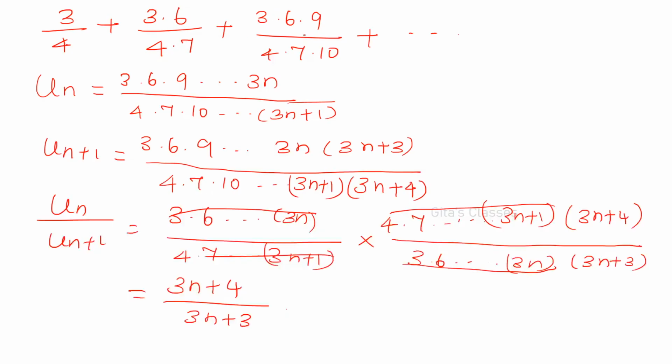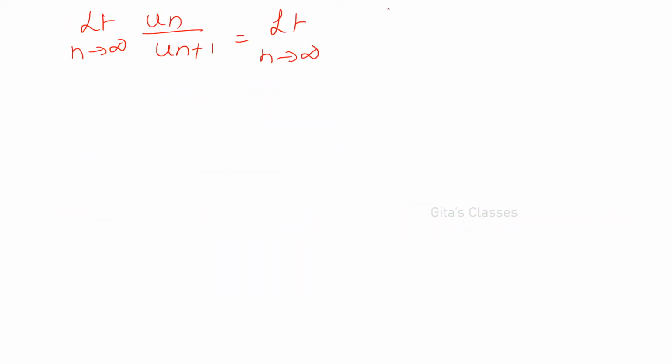So we want to apply a ratio test first. So limit n tends to infinity un by un plus 1 is equal to limit n tends to infinity 3n plus 4 divided by 3n plus 3. Now you take n outside. Whenever you apply infinity, you bring it to 1 by n form. So you take n outside from numerator 3 plus 4 by n.